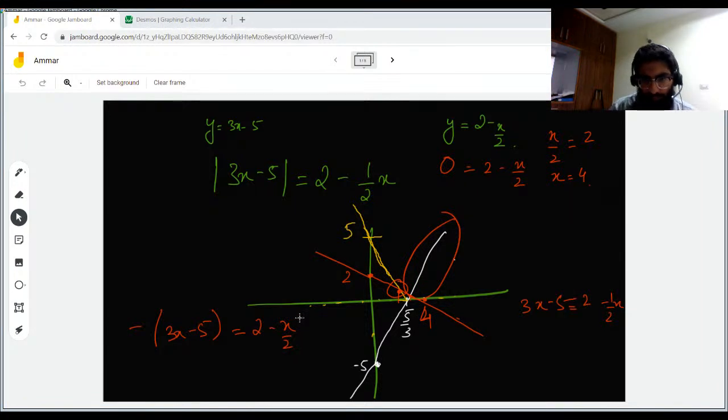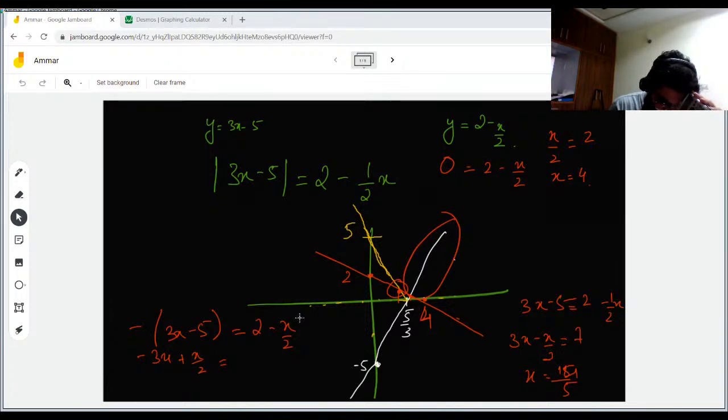Okay, so for the right hand side one, it would be 2.5x, right? 2.5x is equal to 7, and x is equal to 7 by 2.5, which is 14 by 5. For this one, we have got minus 3x plus x by 2 is equal to minus 3.